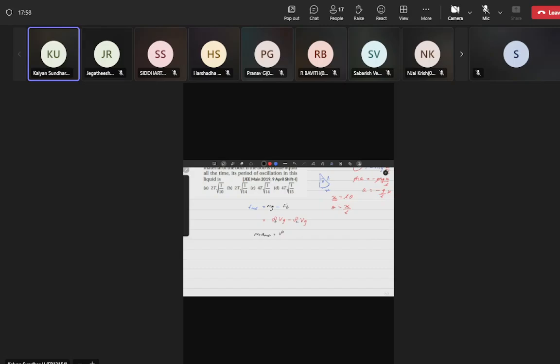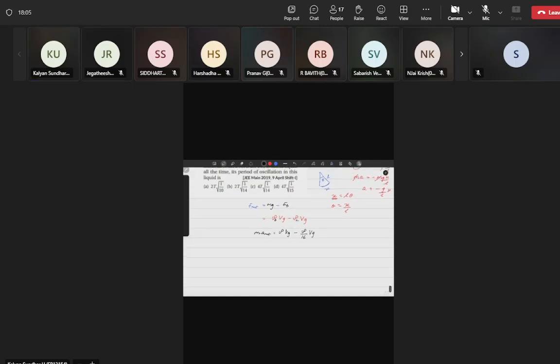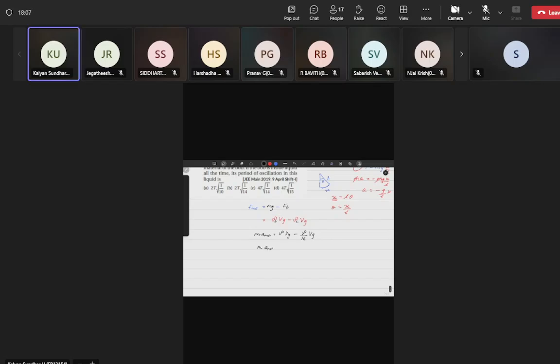So rho of the bob, let me take it as rho V g, and this will be rho by 16 into V g, and F net will be equal to rho V g. I will take it as common, 15 by 16 rho.